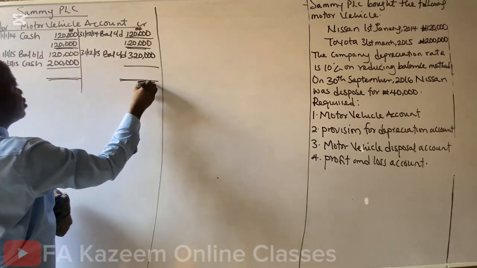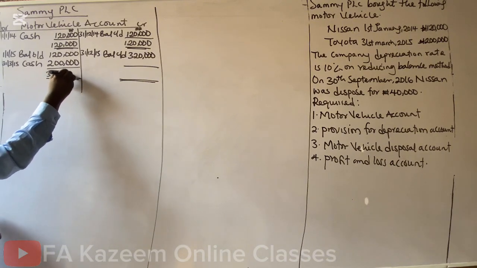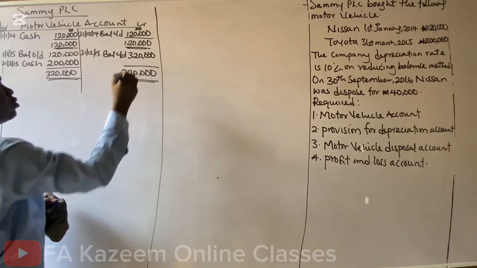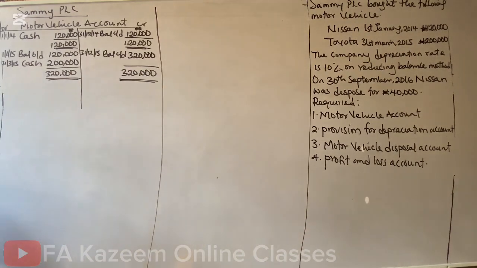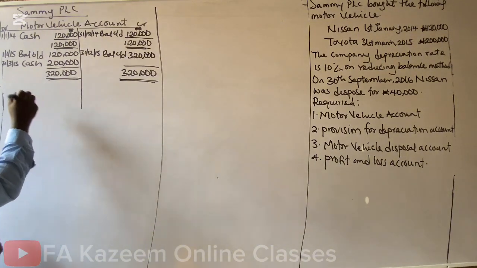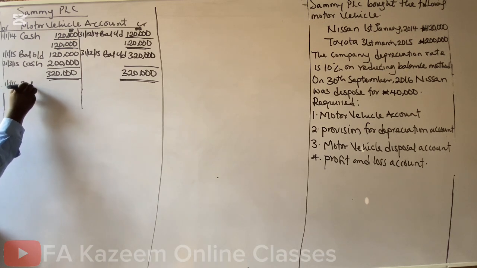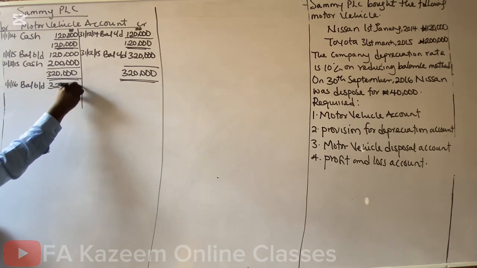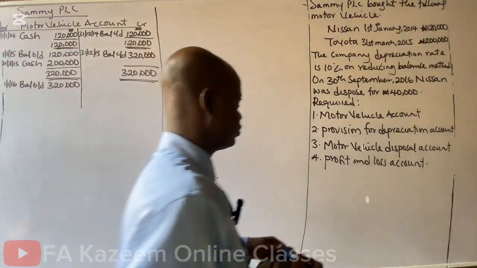For the 12 months of 2015, the total value of assets in Sami PLC amounted to 320,000. Taking to 2016, 1st January 2016, balance brought down, they still have a total of two vehicles costing 320,000.